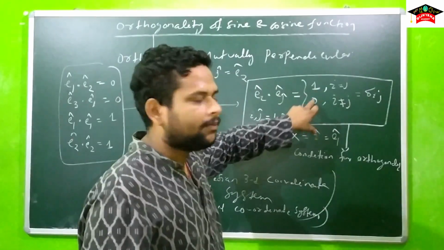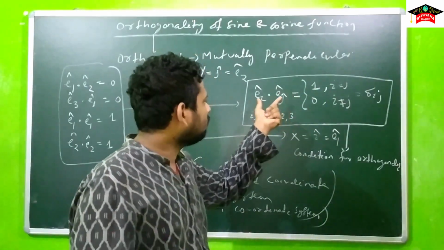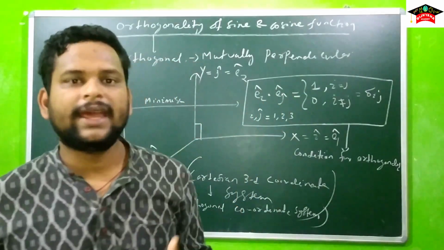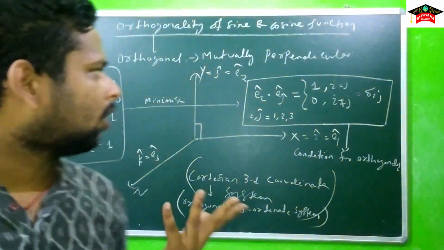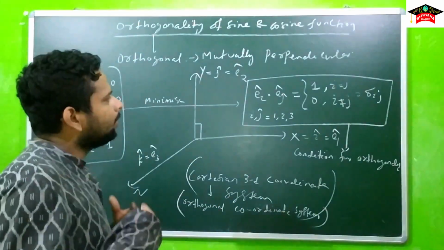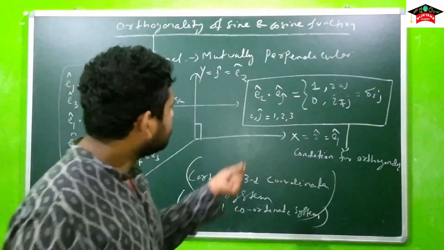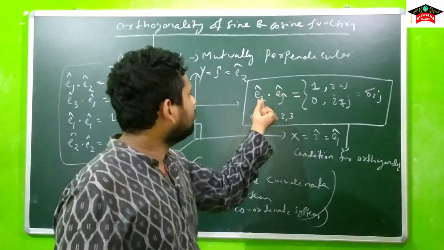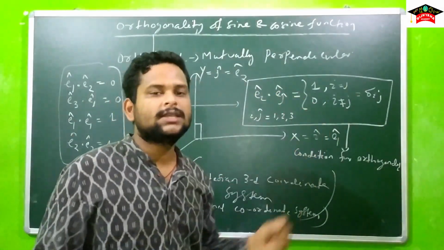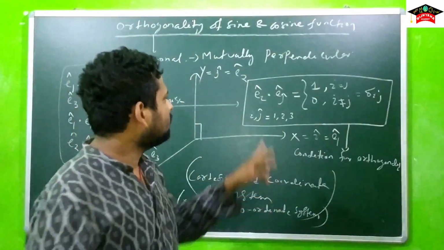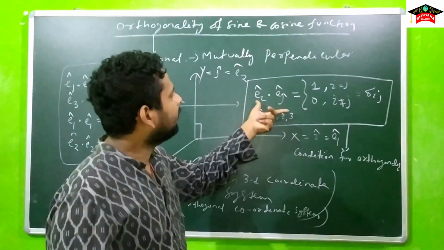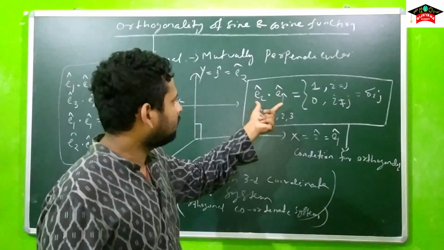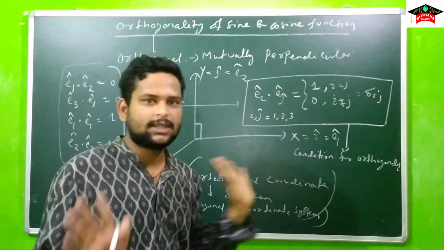Let's see. If any two functions undergo an operation, it may be a dot product, a cross product, or a simple multiplication. As these are vectors, we have taken the dot product because it is a suitable operation. If these are functions, we can take another operation like integration, derivative, anything.